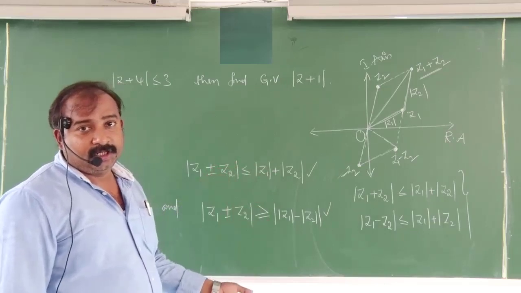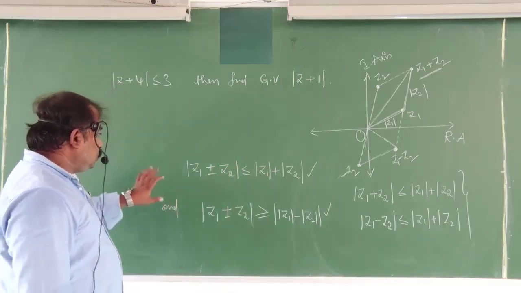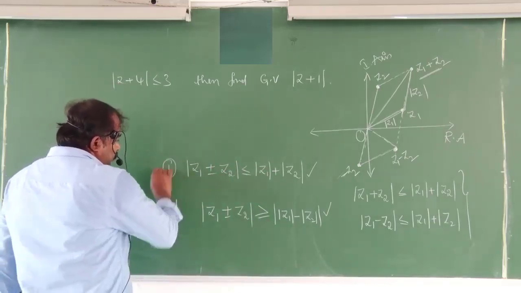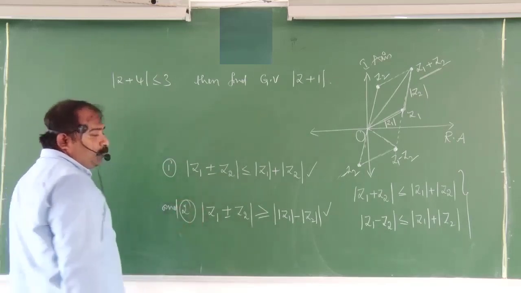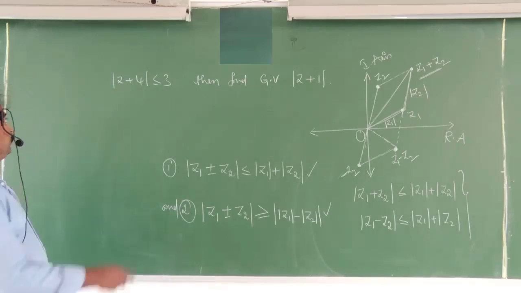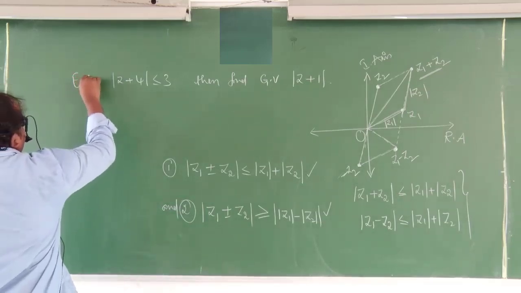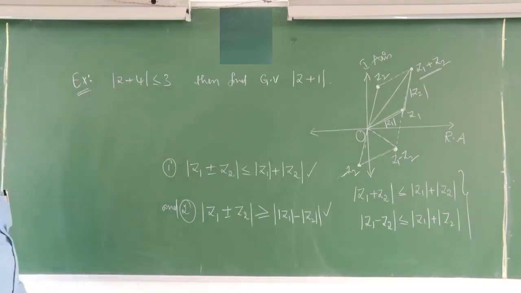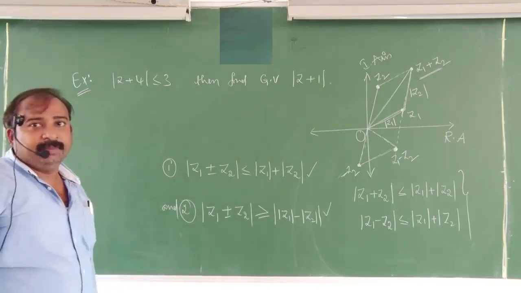Once again you can listen. There are two important points you have to remember: this is the first point and this is the second point. Now how will we solve this kind of bits? Many such bits are there in the JEE Mains exam.